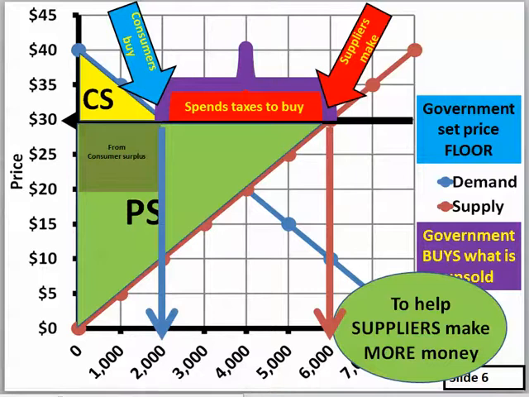This is one way that at one time the government had a lot of surplus product, and they would give the product to various people, foreign countries or whatever.